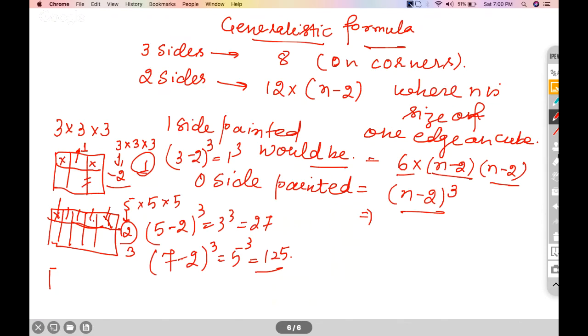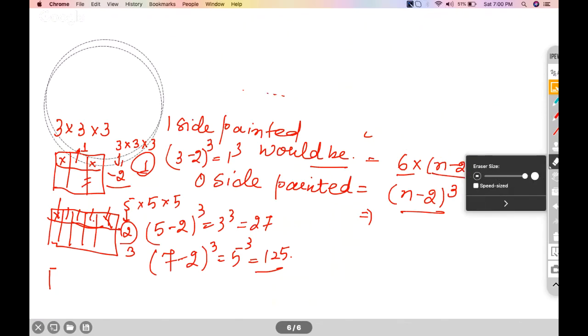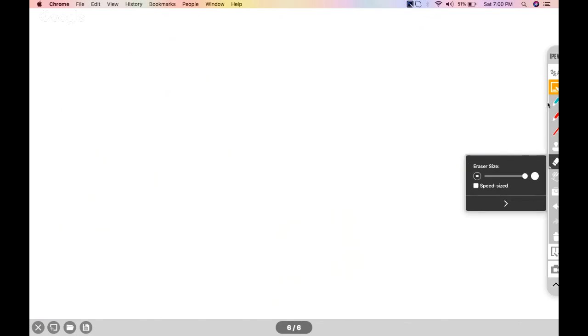Now if somebody asks you, what about a cuboid? So I'm giving you one question, or let me give you a generalistic formula for cuboid.